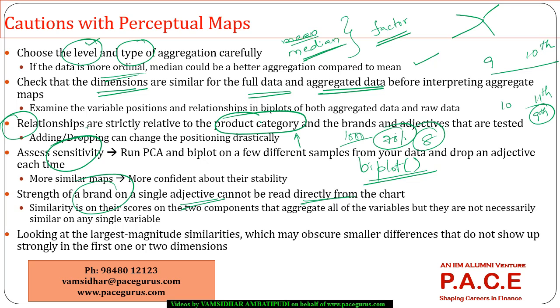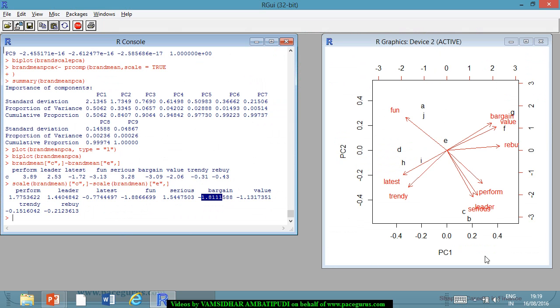So the similarity is purely based on the relative values that they have on the two components, but not on one single variable. We have to understand that more and more heavily. This is a graph that is between PC1 and PC2.